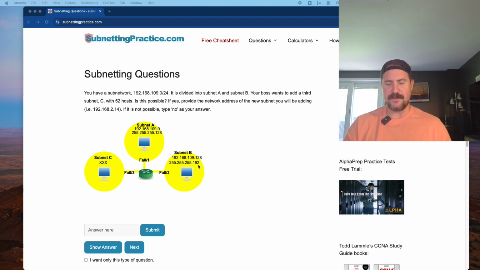It's going to be 64 again, or I should say 256. So there is an additional block of 64 IP addresses available. And even if we subtract the 2 that we need for the network address and the broadcast address, we still have more than enough space for the 52 hosts.